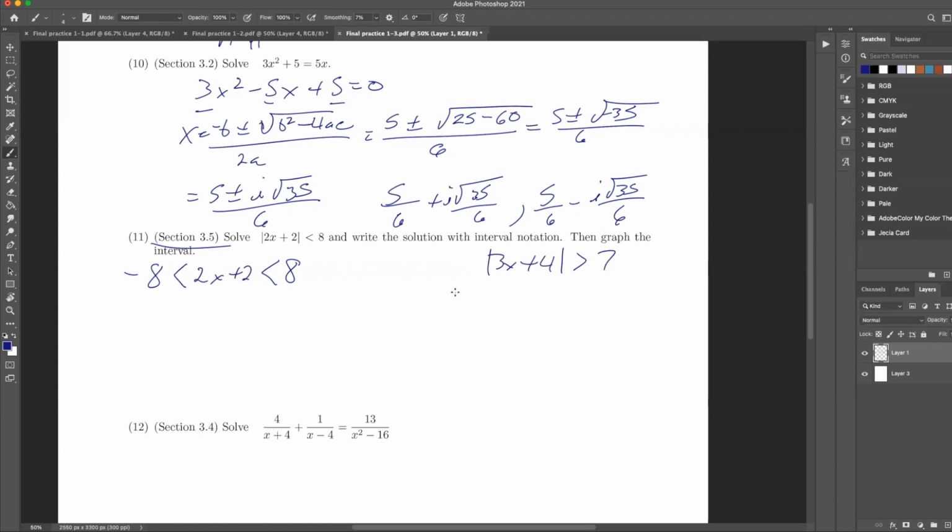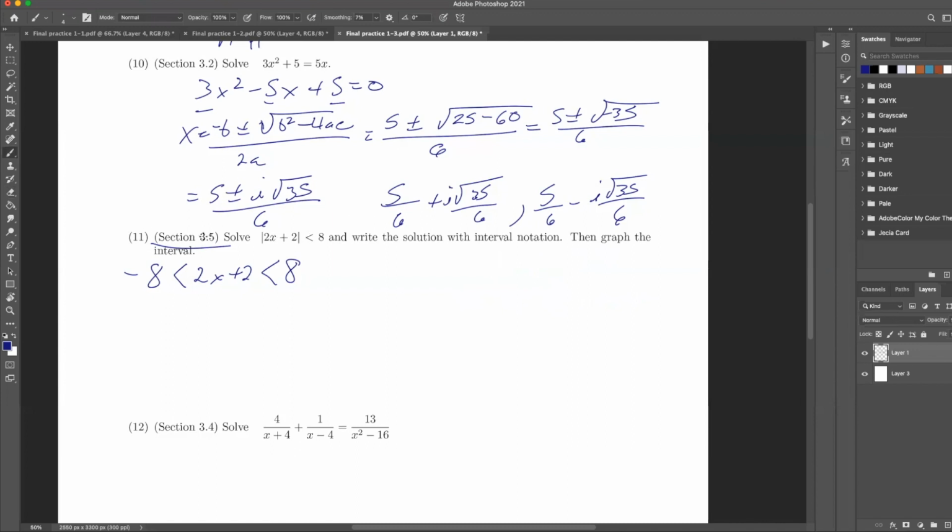If it's this, remember you just say we have 3x plus 4 greater than 7, and that looks like 3x plus 4 less than negative 7. So remember you just swap it this way. Okay, but that's not what we're doing. We're doing this one. So I'll go ahead and erase this to make room to do everything I want to do.